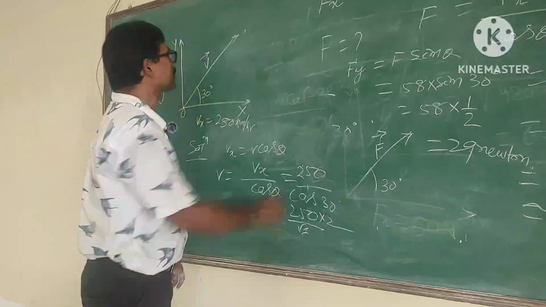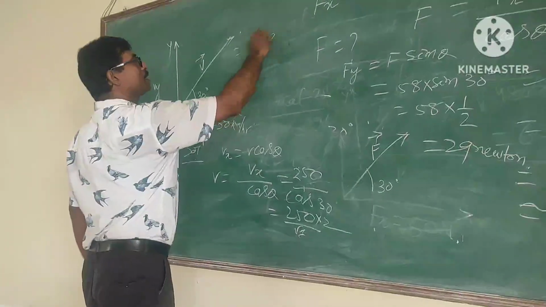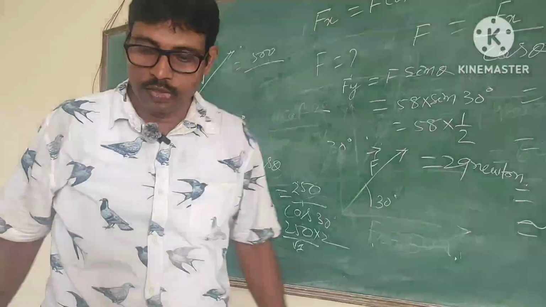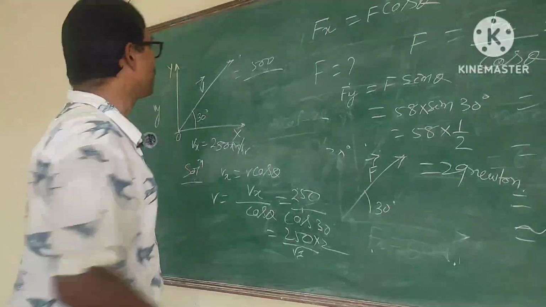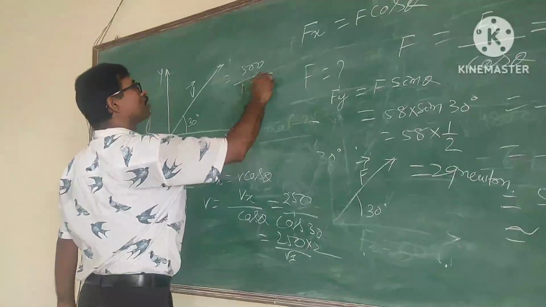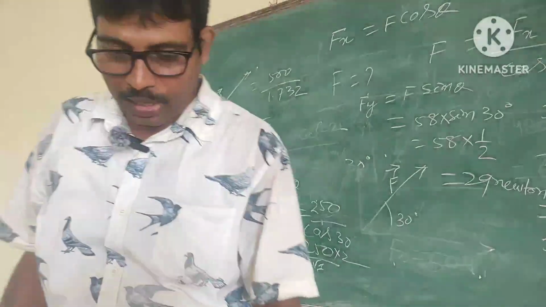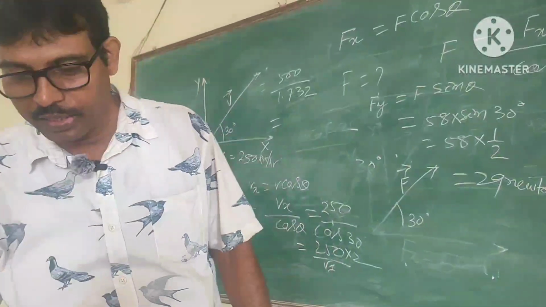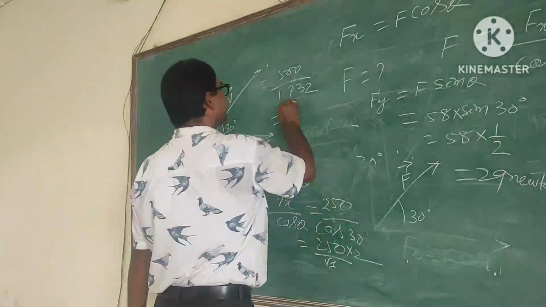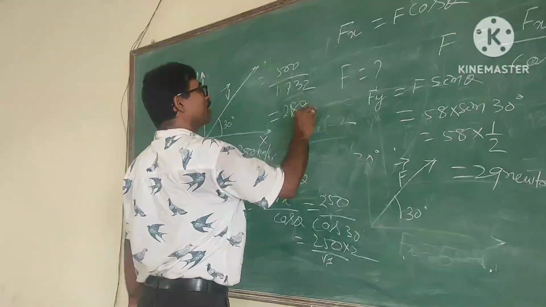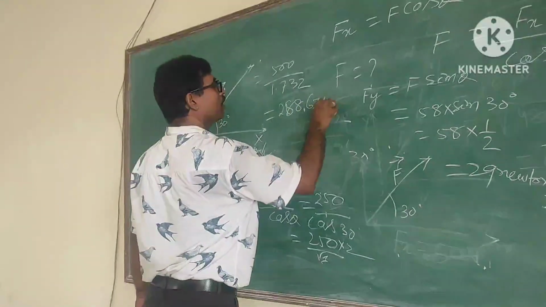So it is 500 divided by root 3. Root 3 is equal to how much? 1.732. If you divide, how much are you getting? 288.67 kilometer per hour.